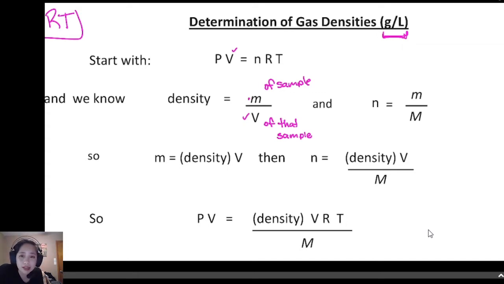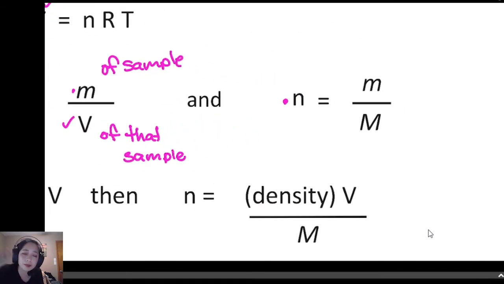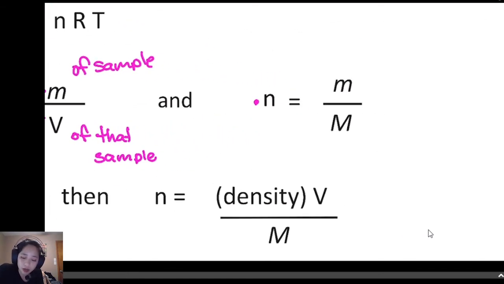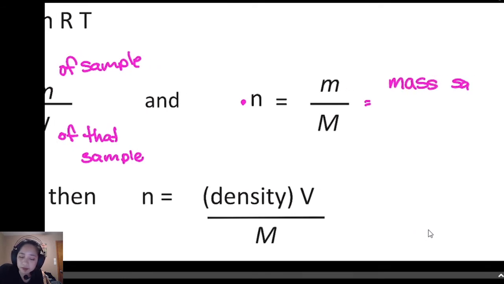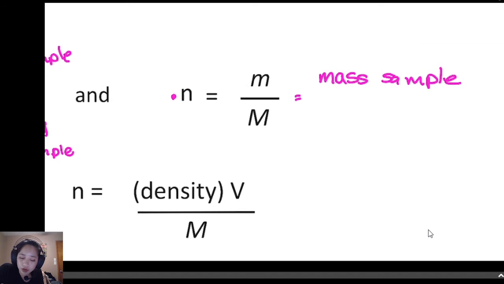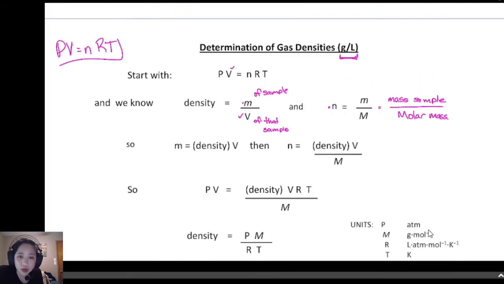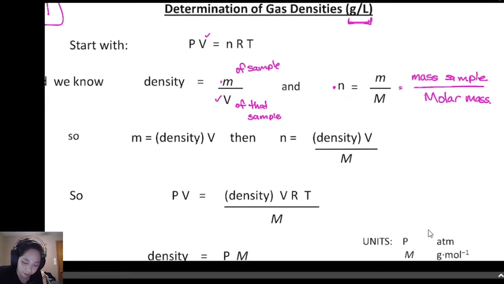we know that mass is related to the number of moles of a substance. So again, if we relate that back to the equation previously that we used, that the number of moles of a sample is equal to the mass of the sample over its molar mass, we can use both of those equations to basically get density and combine them.